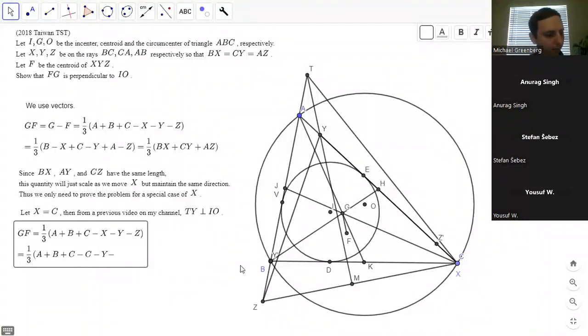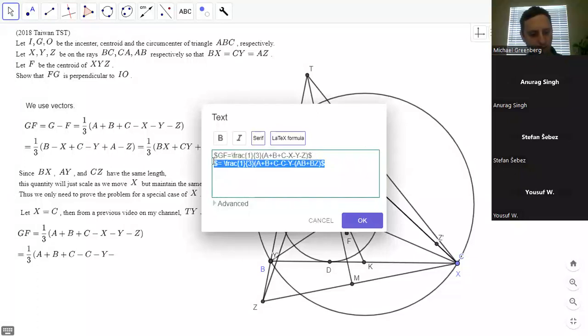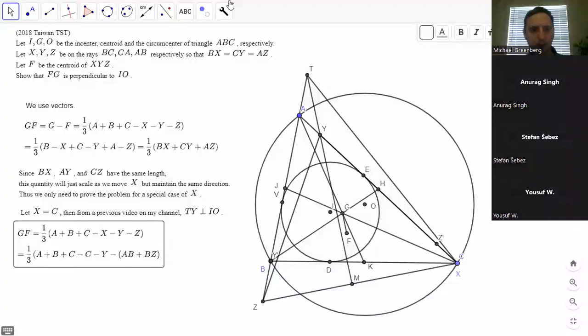So I think Z is going to be basically vector AB plus BZ. So vector AB plus BZ, and AB plus BZ is AB minus AT.